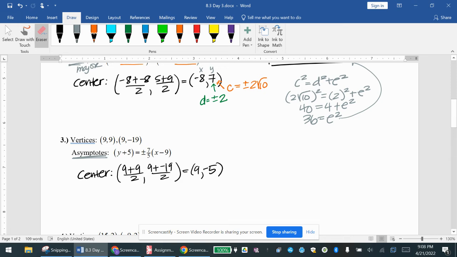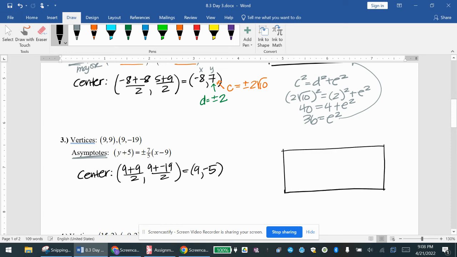Okay, so as I start to think about my equation, I need to know what the major axis is. Well, the vertices always have to do with the major axis. So compare these ordered pairs to the center, right? Did the x values change or did the y values change? The y values changed, right?